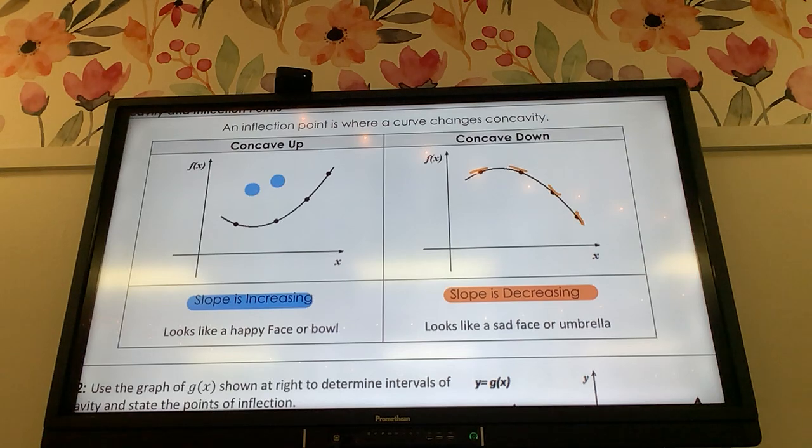It's kind of sad. That's where the math definition of concave down comes from. But I like to think about it just being a sad face, or an umbrella. Some people see the umbrella. I'm a happy, sad kind of person.